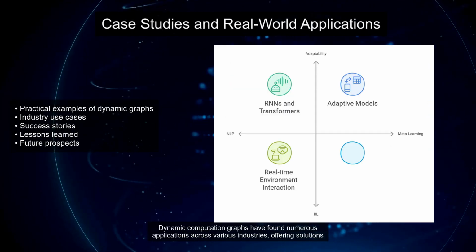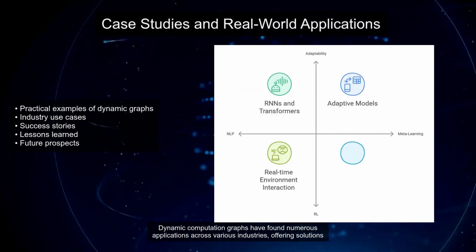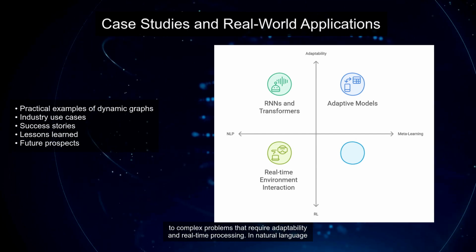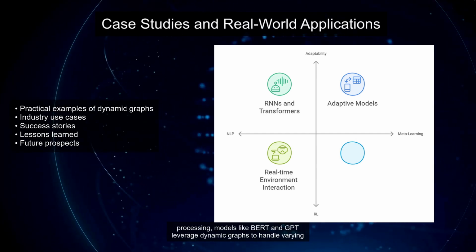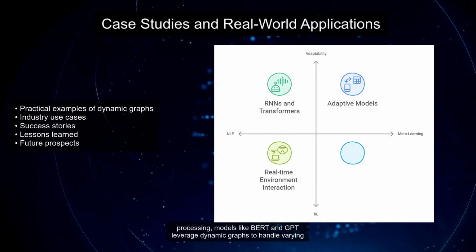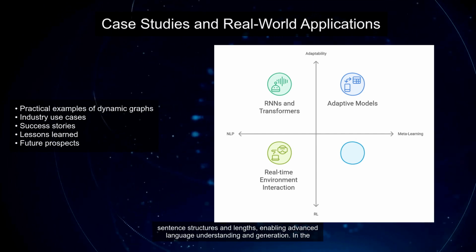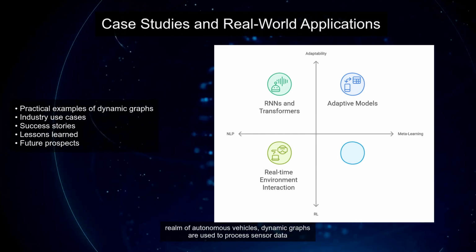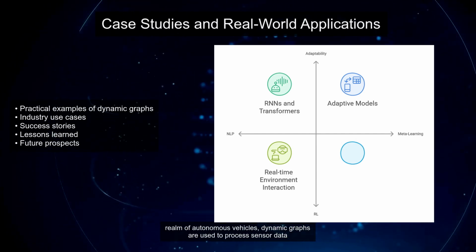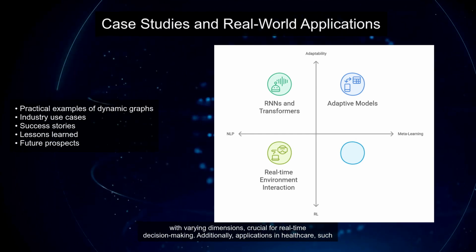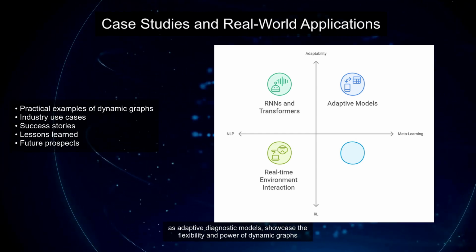Dynamic computation graphs have found numerous applications across various industries, offering solutions to complex problems that require adaptability and real-time processing. In natural language processing, models like BERT and GPT leverage dynamic graphs to handle varying sentence structures and lengths, enabling advanced language understanding and generation. In the realm of autonomous vehicles, dynamic graphs are used to process sensor data with varying dimensions, crucial for real-time decision-making.